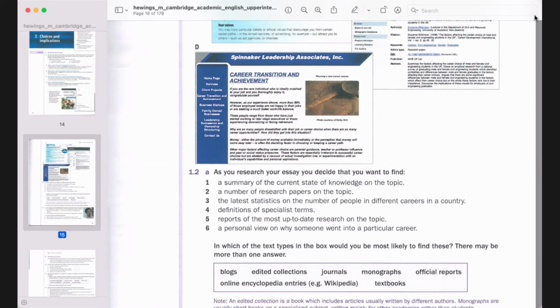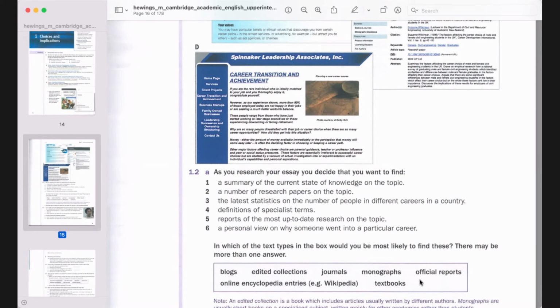General information in a few words. So, among blogs, edited collections, journals, monographs, official reports, online encyclopedia entries, and textbooks, where can we find a summary?